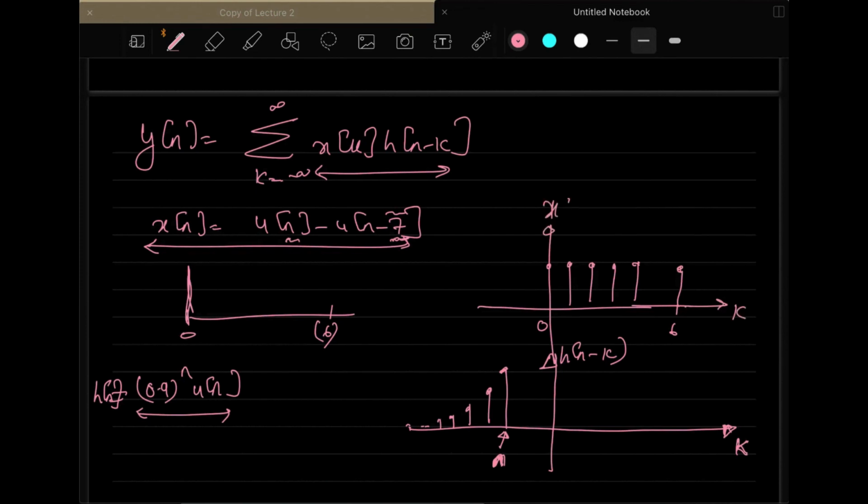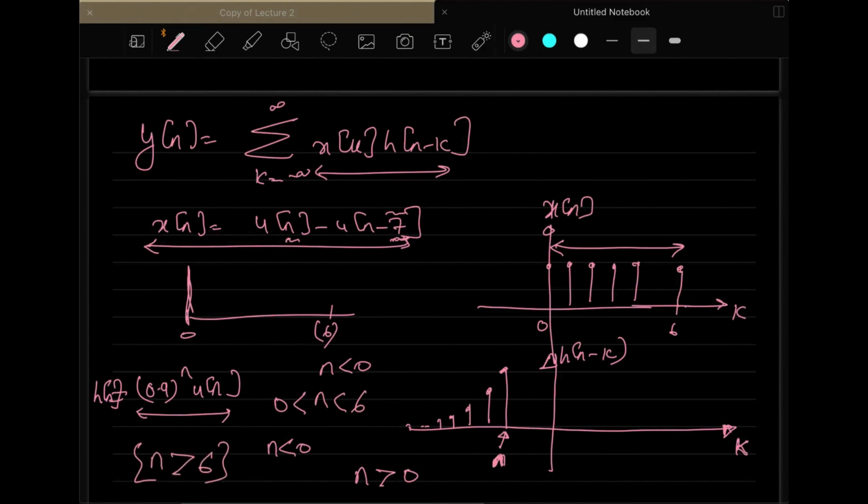And this is your x[k]. If n is less than 0, there will be no overlap, and if n is greater than 0, they will start overlapping. This is a finite sequence, so you have three ranges here: n less than 0, n greater than 0 and less than 6, and n greater than 6. In these three ranges you can solve the difference equation and get the answer.